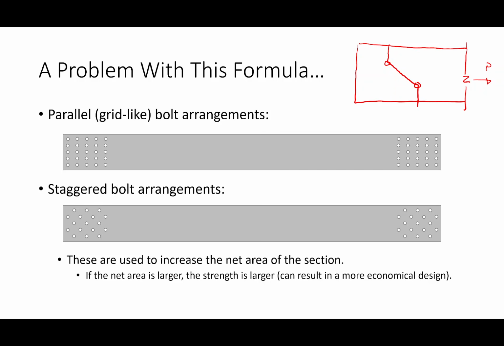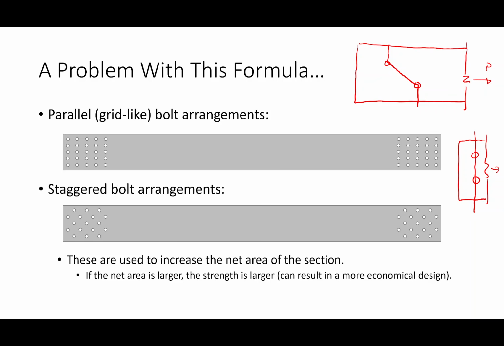In other words, if I yank on this, the member fractures along that path. Now compare that against 2 holes like this, where I'm yanking it and failing like this. Would everybody agree that the length of that failure path is going to be larger than this one? Would everybody agree with that?